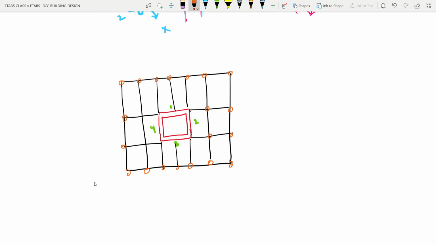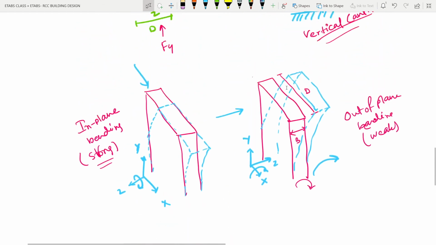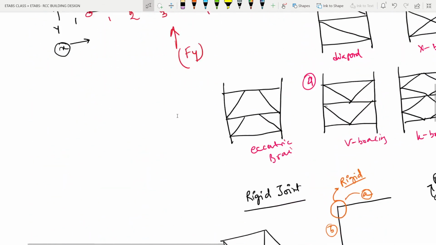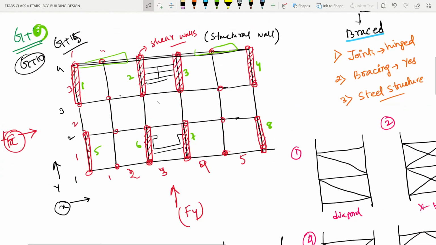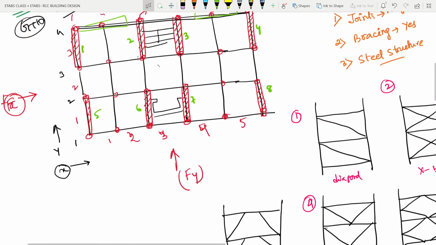So before coming to this box structure, why have we come to this box type of structure? Let us explain one more thing before coming to it. Here, if I go back to the previous plan, if I provide the shear wall arrangement like this, and if I go up to suppose G plus 30, what will happen?